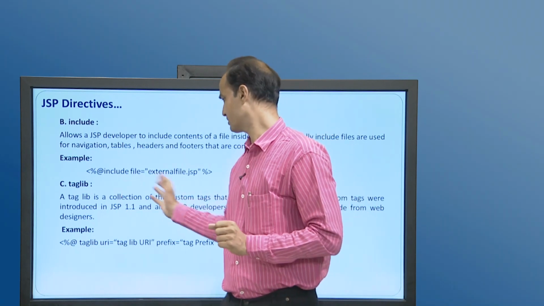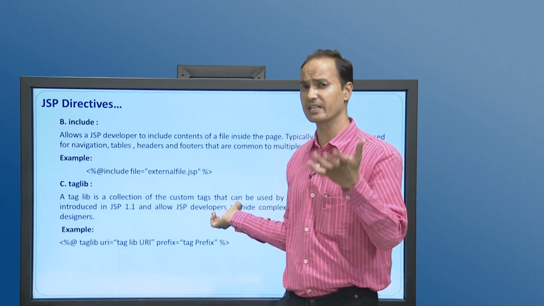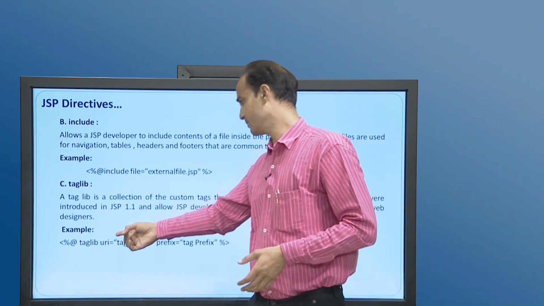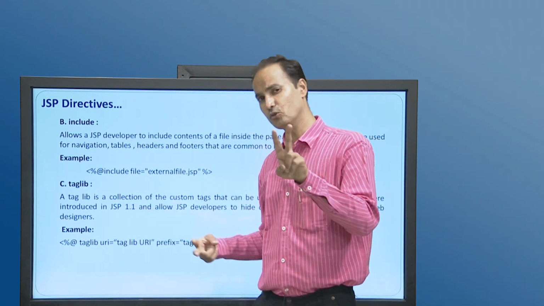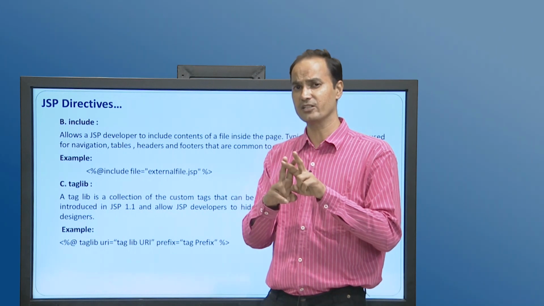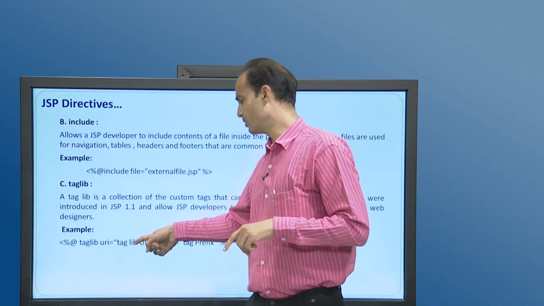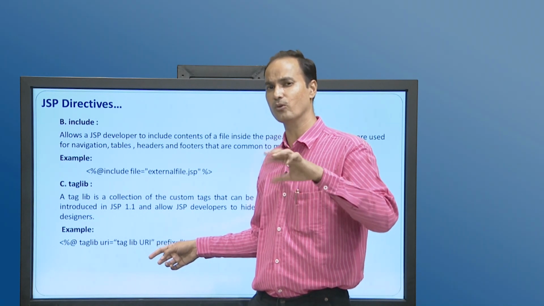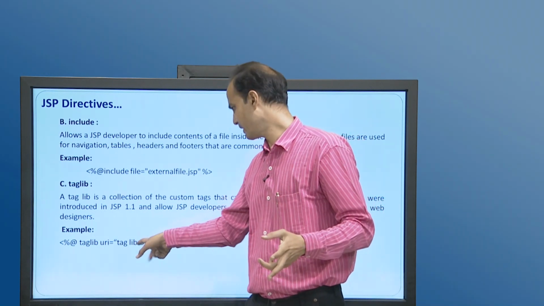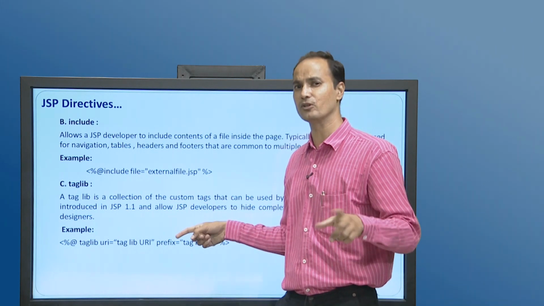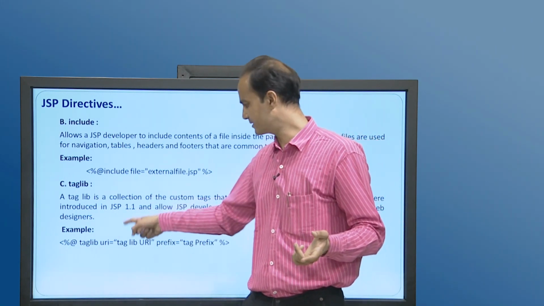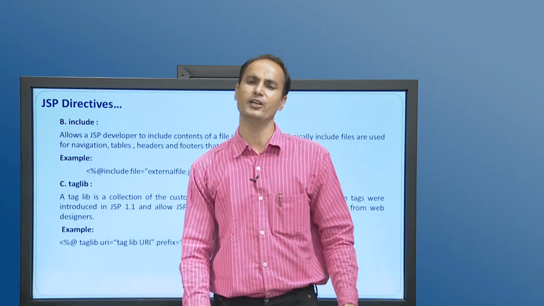So, if you want such built-in tag libraries to be available in your JSP file, then use the taglib directive, which has two very important required attributes: uri and prefix. The uri specifies the uniform resource identifier, that is, which resource you are going to use, and the prefix is what you use to access the functionality of that specified URI.